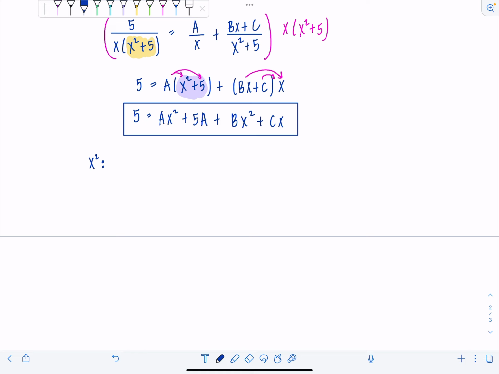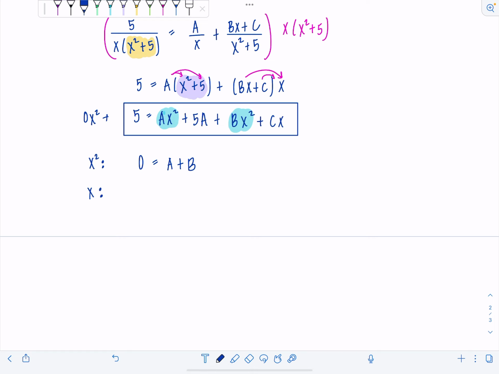So you might be thinking, I don't know what you're talking about. There's no x squareds on the left-hand side. You're correct. There's a 0x squared on the left-hand side. So 0 must equal, where are the x squareds on the right-hand side? Well, I have an Ax squared and a Bx squared. So 0 must equal A plus B, right? The coefficients of the like terms must be equal on both sides of the equation.